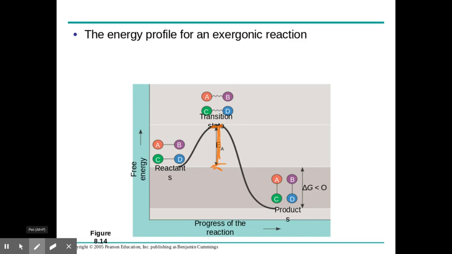Once the reaction has started, here would be our products, and from here to here would be the energy that in this case was released. How do I know what was released? Well, our products have less energy than our reactants. So the energy had to go somewhere. In this case, it would have been released. So this we would call an exergonic reaction.